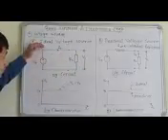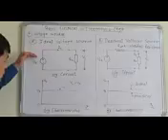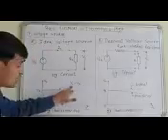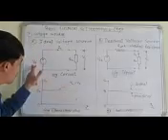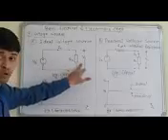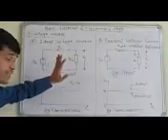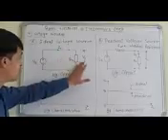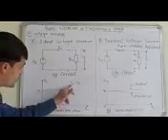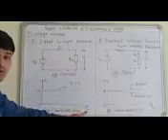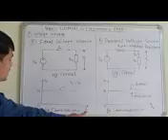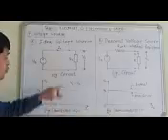So an ideal voltage source is one where the source voltage appears directly across the load, not depending upon the load current. Current will be anything, but Vs is equal to VL in the ideal voltage source. VL is equal to Vs, not depending upon the load current. This is the characteristic of the ideal voltage source.